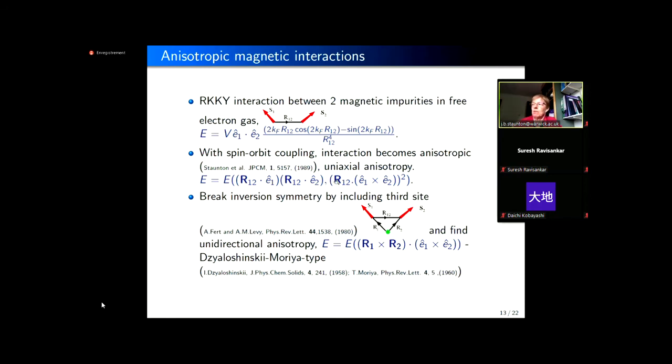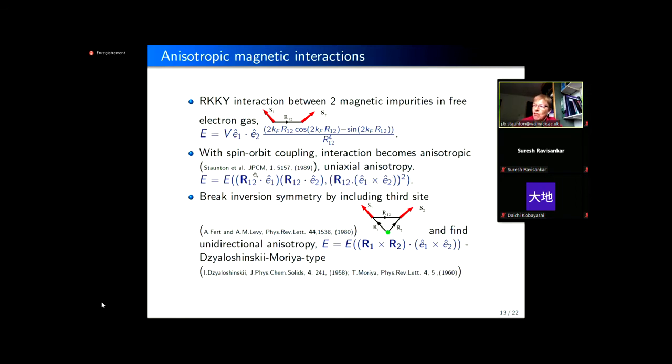And also, if you look at the cross product of the two spins, you find there's also a dependence on the scalar product of that with this vector here. I've written it in that form, and note that it's squared. So if I swap S1 with S2, or E1 with E2, I get no overall change of sign.